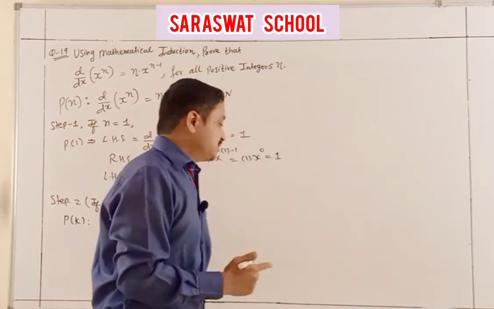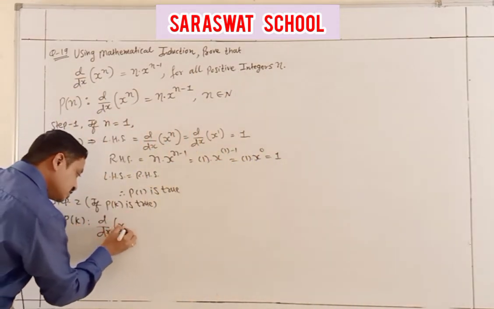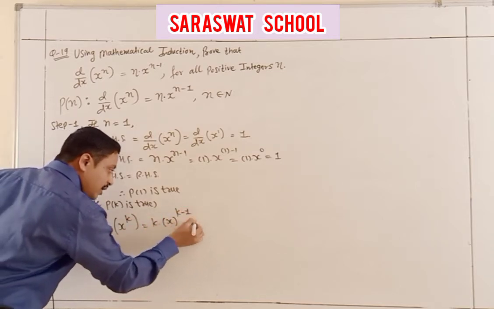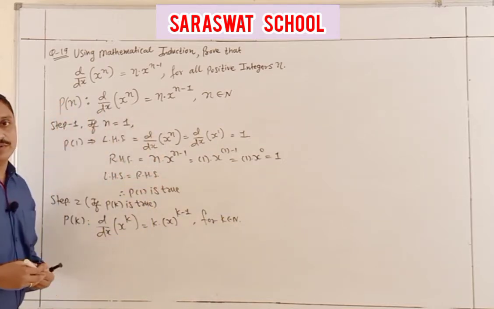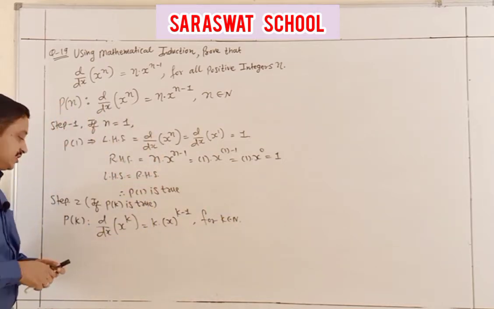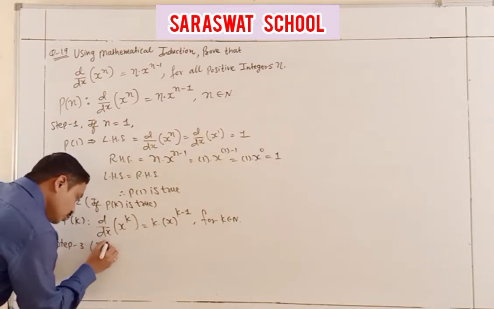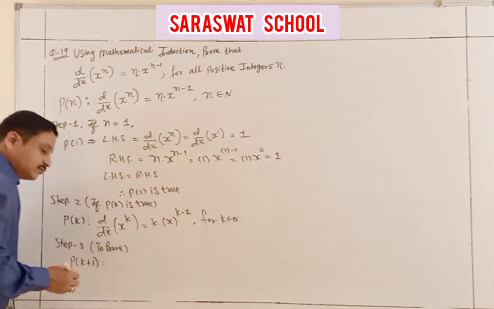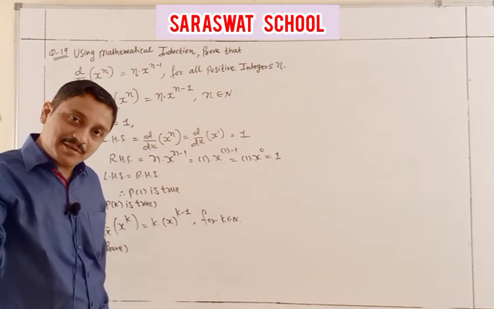So the second step is d/dx of x raised to k is k into x raised to k minus 1 for k belonging to natural numbers. And then I go to step 3, which is to prove P(k+1). We know that k changes to k plus 1 only.